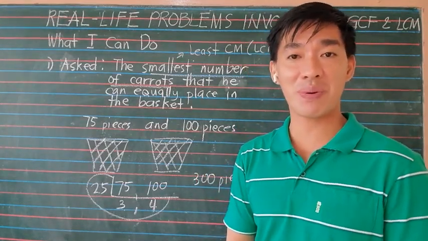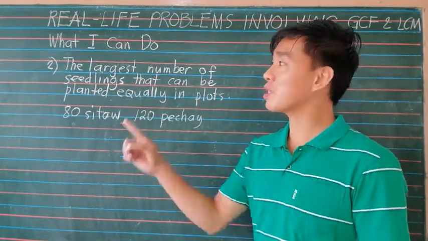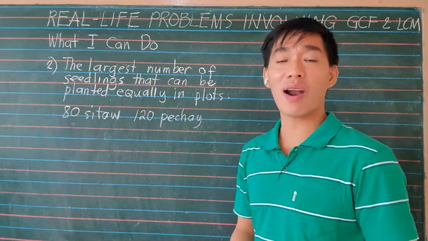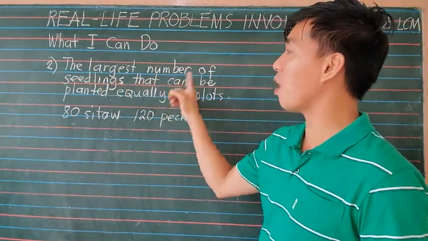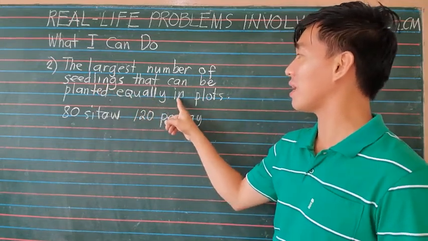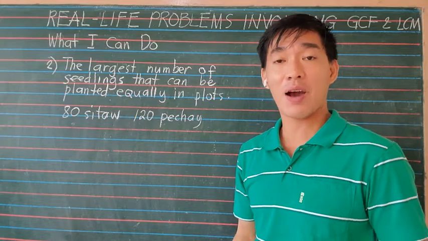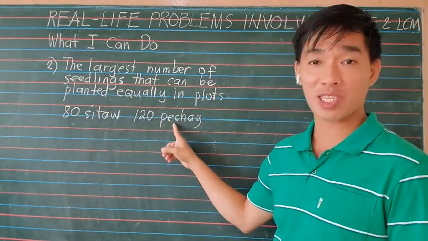That's 300 pieces. For our problem number 2 in what I can do, you are asked here to find the largest number of seedlings that can be planted equally in rectangular plots. Of course, our given here is 80 sitaw and 120 pechay.